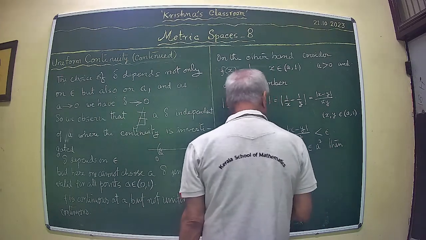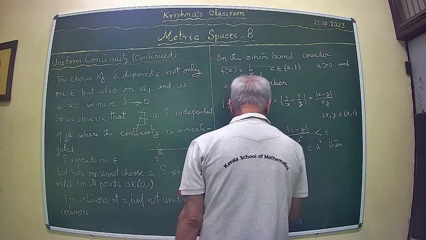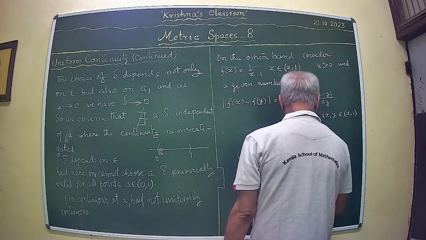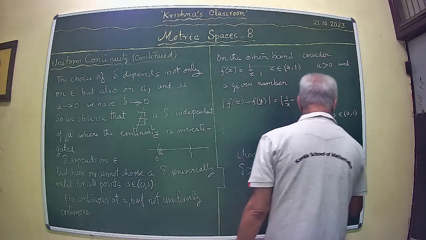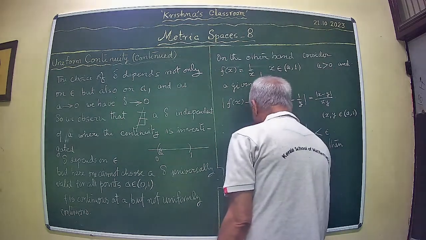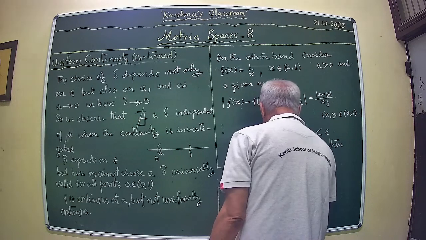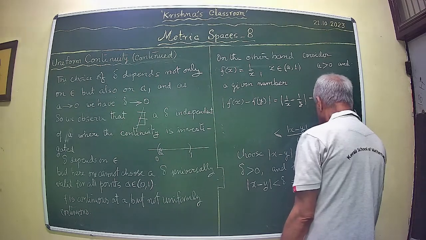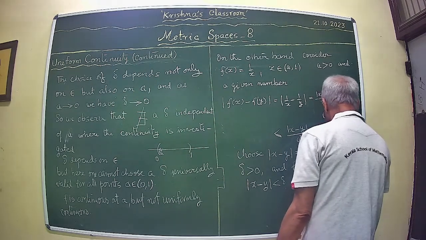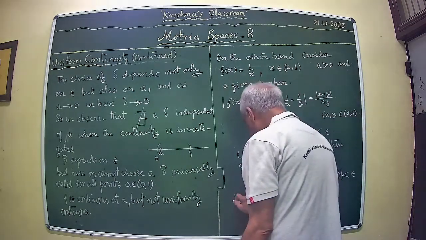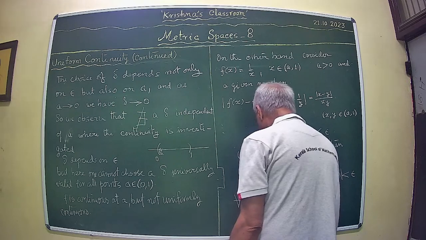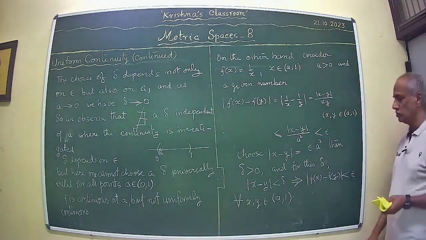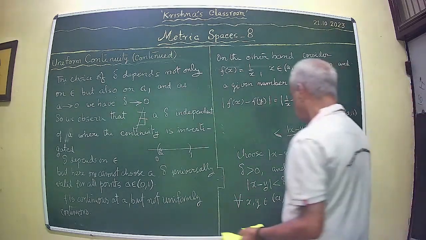So delta is positive, and for this delta, mod x minus y less than delta implies mod f(x) minus f(y) less than epsilon for every x, y belonging to the interval, as long as a is positive.